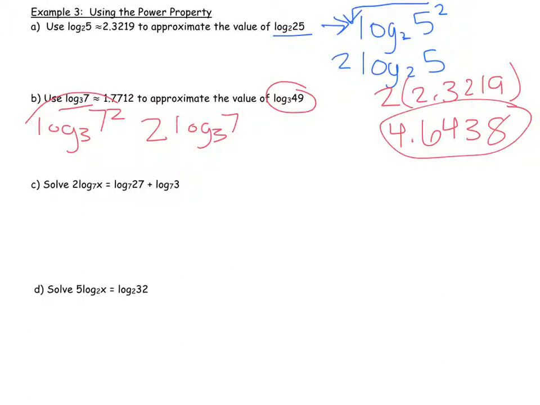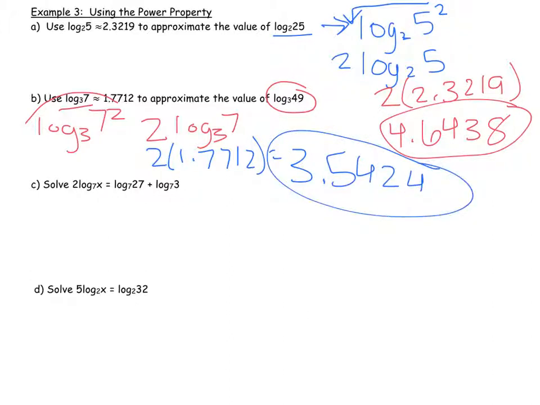And we know log 3 of 7 because they gave it to us. We're going to keep our 2 and we're going to plug in that log 3 of 7, which is 1.7712. And then it's just a very simple multiplication problem. We're going to have 2 times 1.7712, which gives us 3.5424 as the final answer.